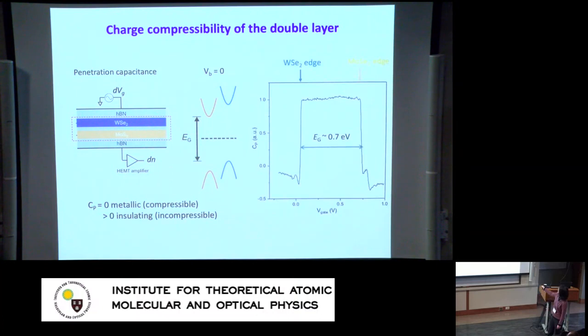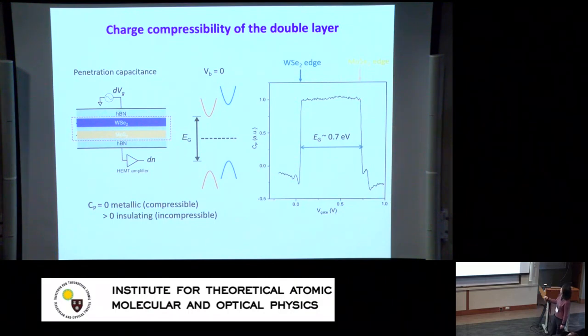Here is an example for a certain out-of-plane electric field. We see 0 at some gate voltage, and then it goes to a large value, and then goes down.